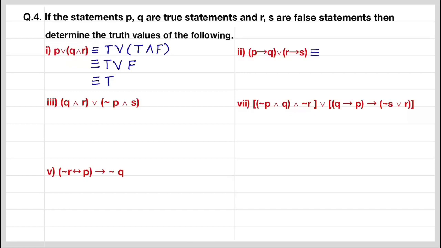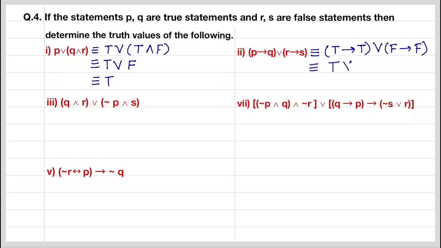Second example. Again, substitute the corresponding truth values. Here P and Q are true statements and R and S are false statements.